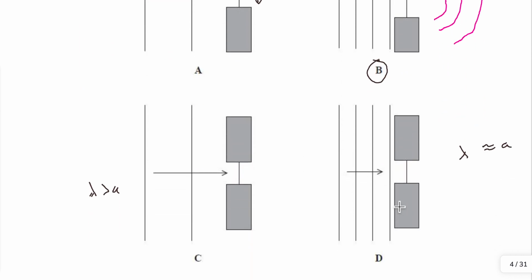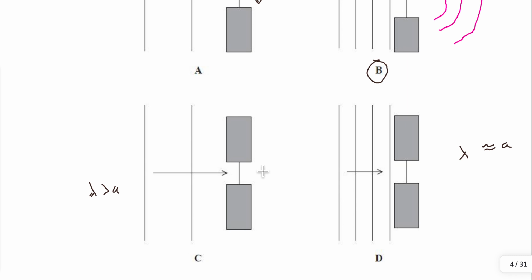Same with D, the wavelength incoming is similar to the gap size, so we are going to get semicircular wavefronts. In part C the wavelength is bigger than the gap size, so we're going to get a significant amount of diffraction, or a possibility of none of it going through because the wavelength is too large and you get only reflection.